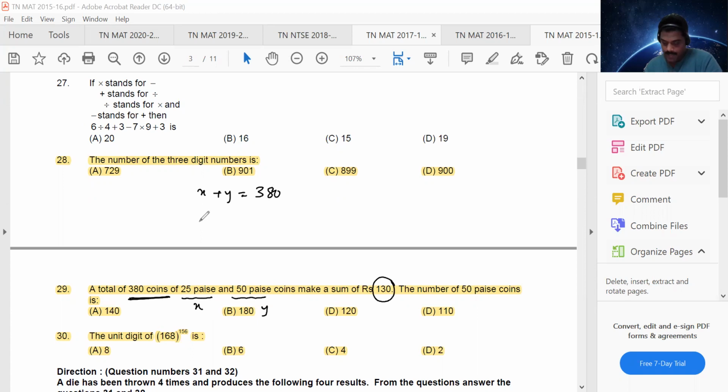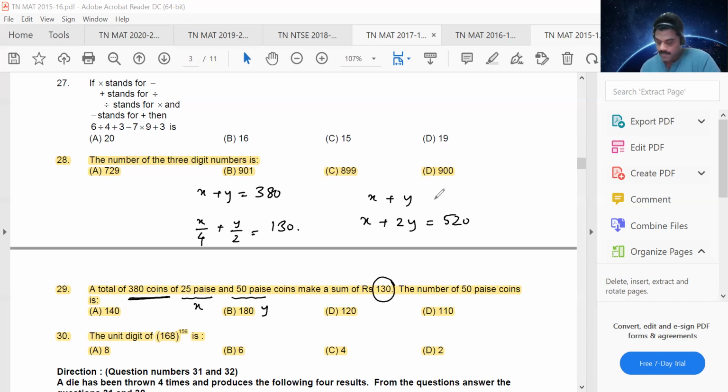Now coming to the value, x by 4 plus y by 2 for the 50 paisa coins is equal to 130. Now taking the LCM, you will get x plus 2y is equal to 130 into 4, that is nothing but 520.